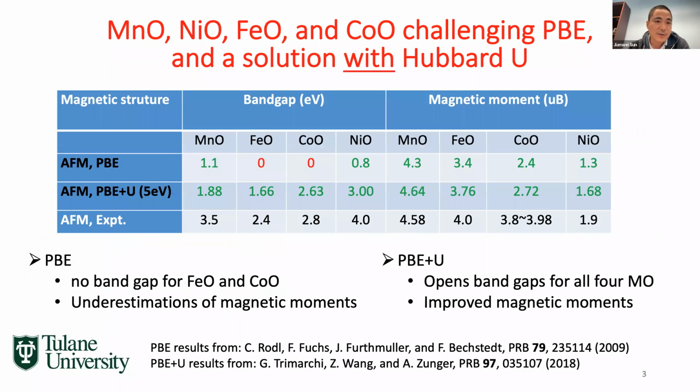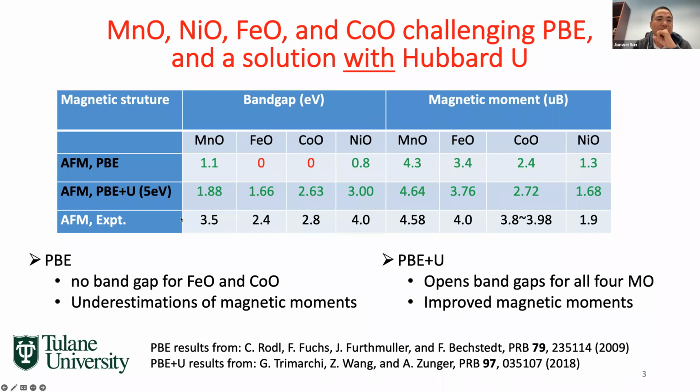I use this table to illustrate that. You see that PBE with the antiferromagnetic setting still predicts iron oxide and cobalt oxide to have zero band gap.